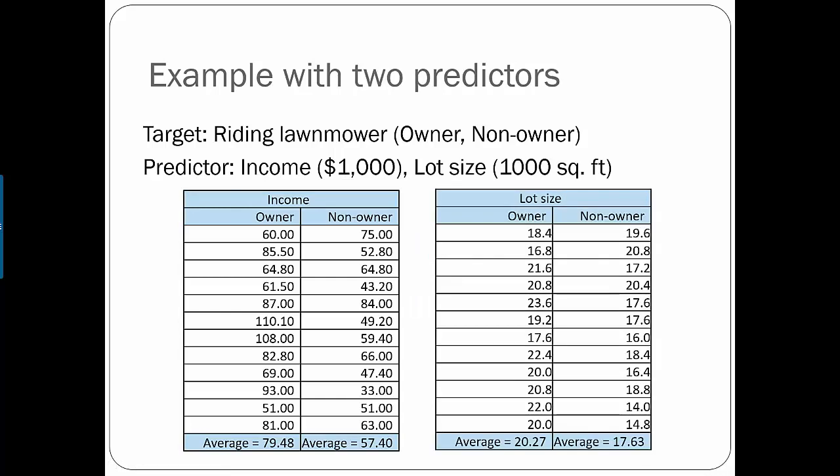So when you have two predictors, you need to compute the average of the two predictors for each group of the target. So you have income, which we already did. Now you have lot size, again broken down between owners and non-owners, and you have the average lot size for owners and average lot size for non-owners.